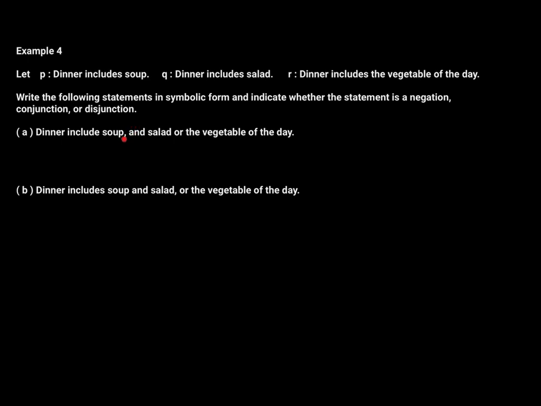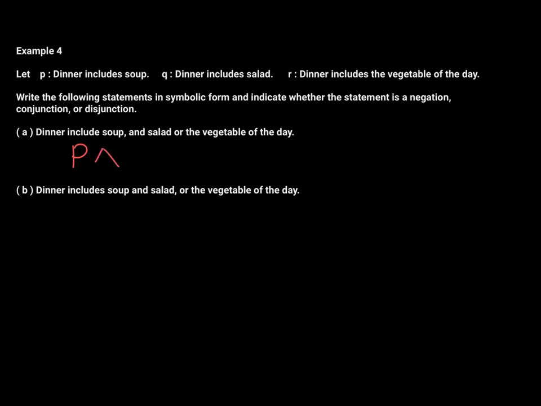All right, the first one, dinner includes soup, comma. Now, it's going to be very important that we pay attention to the commas because the comma will group certain statements together. And whatever statements are grouped together, we want to use parentheses. So dinner includes soup. That is P, statement P. And salad or the vegetable of the day. All right, so the and, first of all, is this symbol.